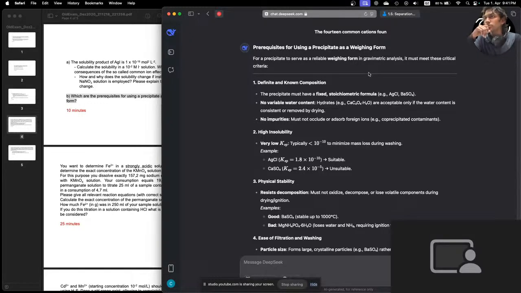The precipitate must have a fixed stoichiometric formula. No variable water content. Hydrates are acceptable only.